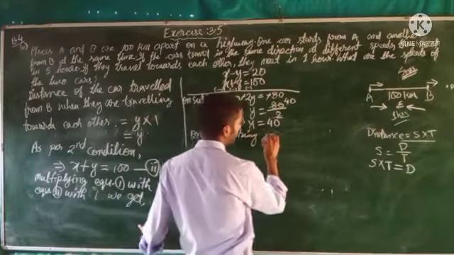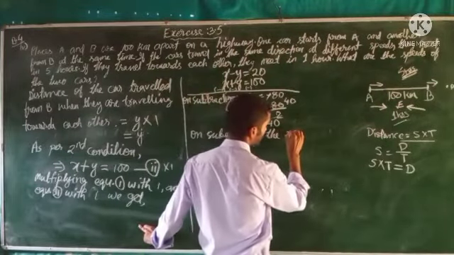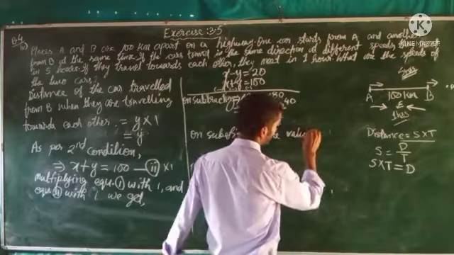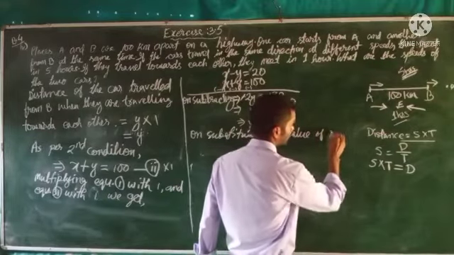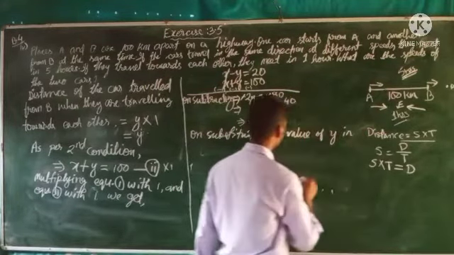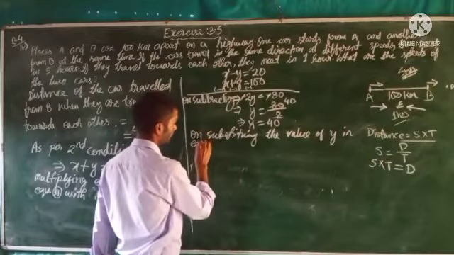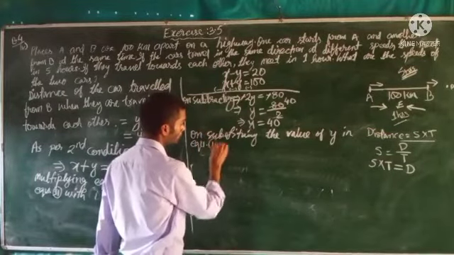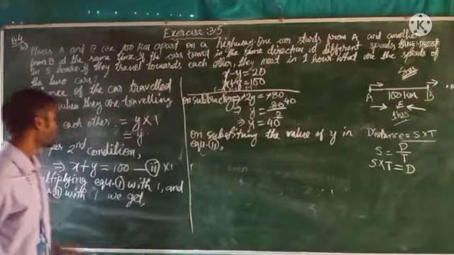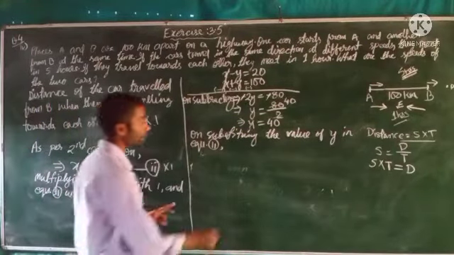On substituting the value of y in equation 2. So equation 2 we got here, that is x plus y is equal to 100.